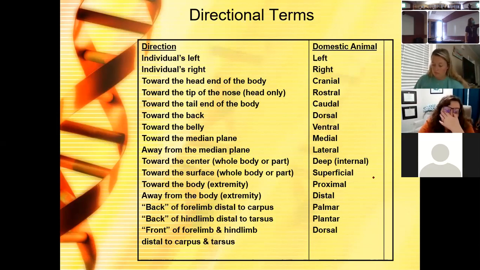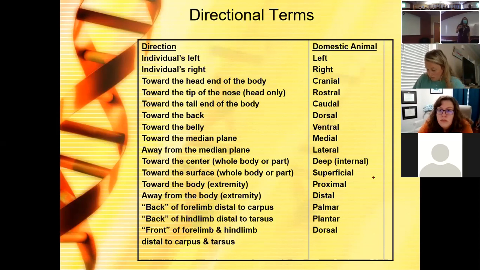Where is my wrist in relation to my fingers? Proximal. My fingers are distal to my wrist. So the second word is where you picture yourself starting, and then the first word is where it's going to.